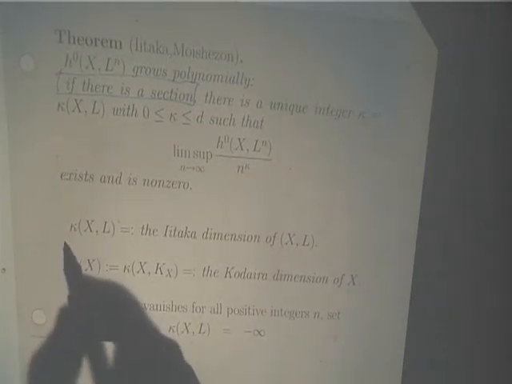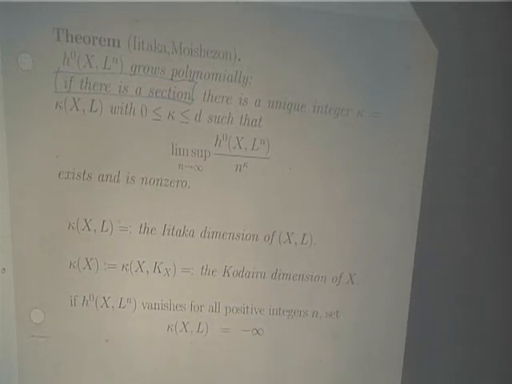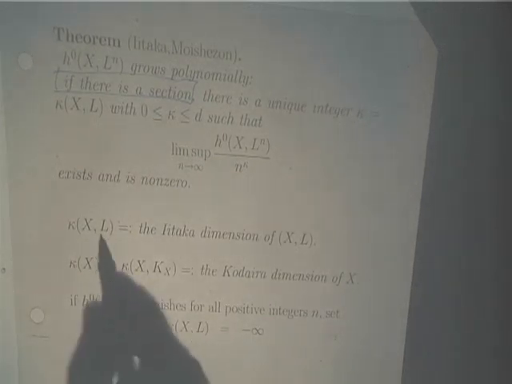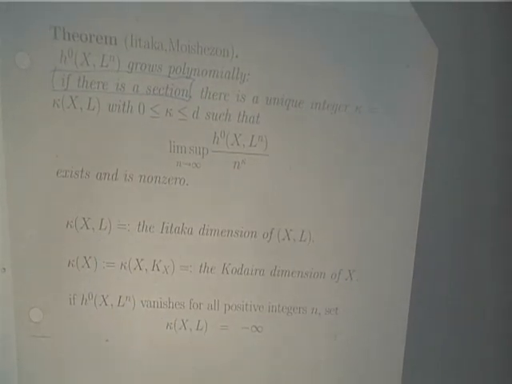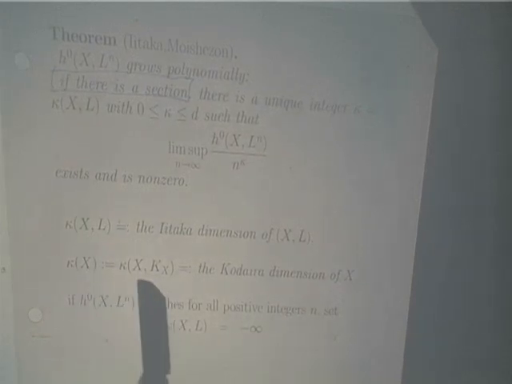This kappa is called the Iitaka dimension of X with the line bundle L, of the pair (X, L). And in particular, if you don't write L, you mean the canonical sheaf, K_X. That's called the Kodaira dimension of X. Yes?